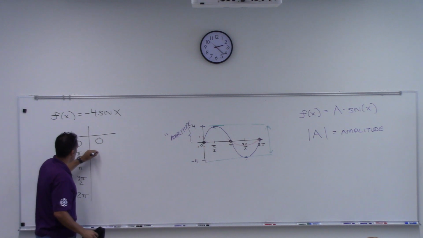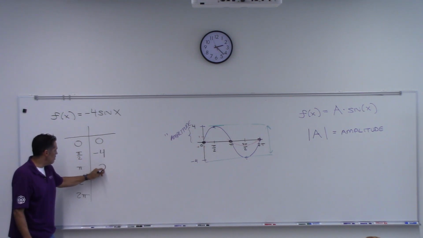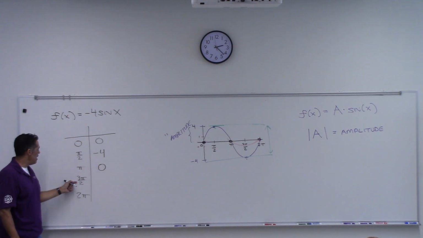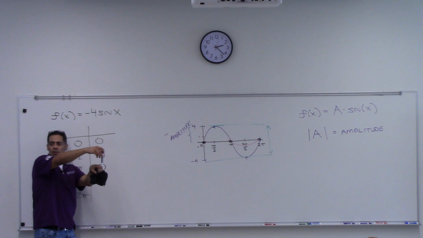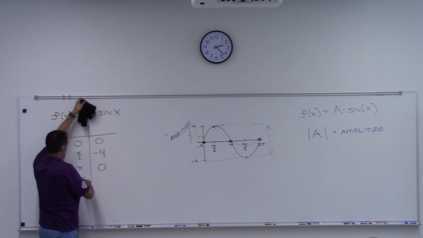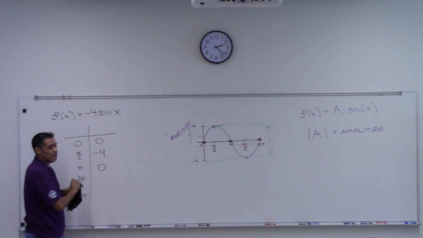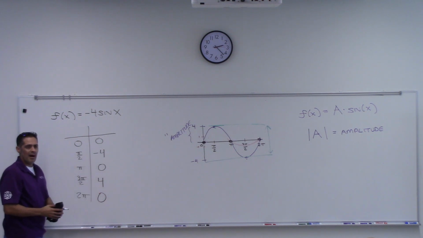So now this is going to be -4. Then this will be 0. Then at 3 pi over 2, that's where your angle is straight down, right? Your y-coordinate down here on the unit circle is -1. And so when you put sine of 3 pi over 2, you get -1 times -4. That gives you +4. And then 0 again when you plug in 2 pi.